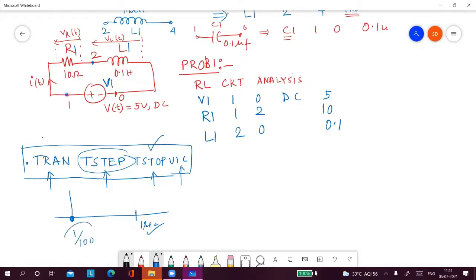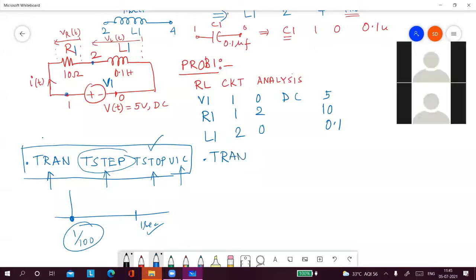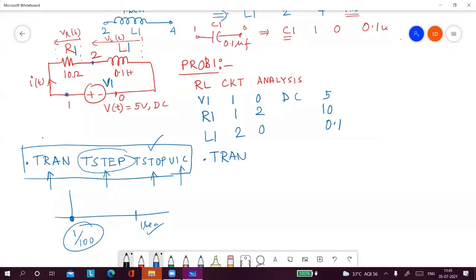Is it clear? .tran means transient analysis. First you have to write the time step, the incremental time, then the final time, then using initial condition. So here .tran is the transient analysis.